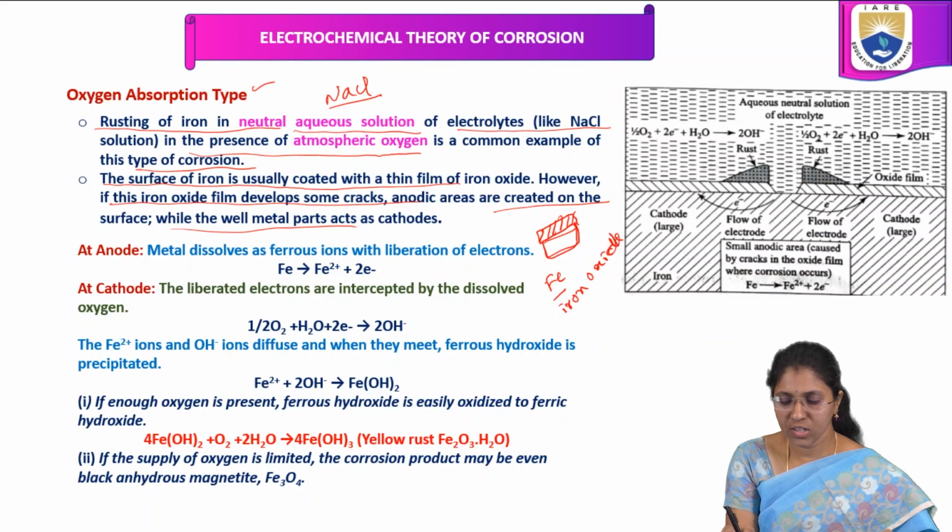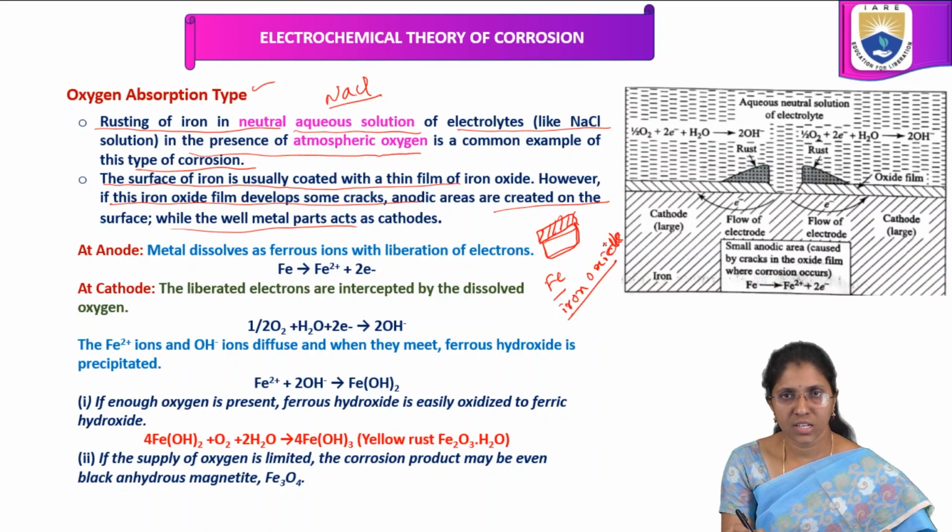If this iron oxide film is not stable, some pores and cracks will form in this metal oxide layer. Oxygen will go into the pores and react with the metal.